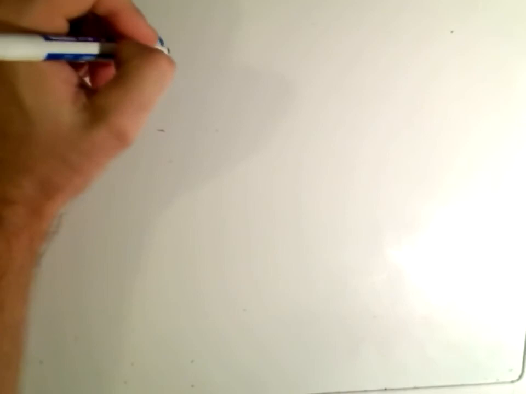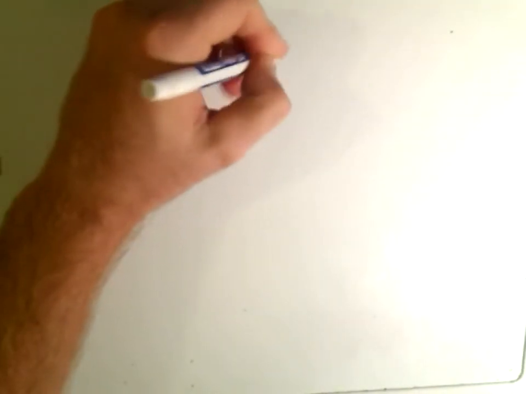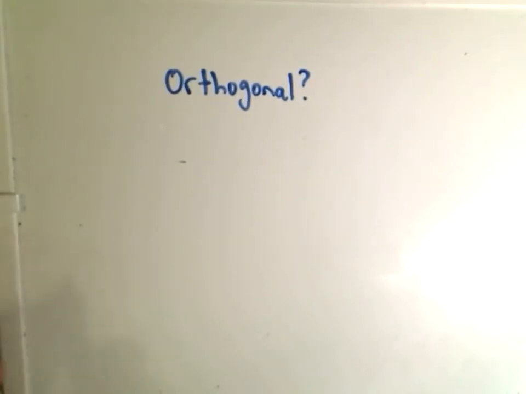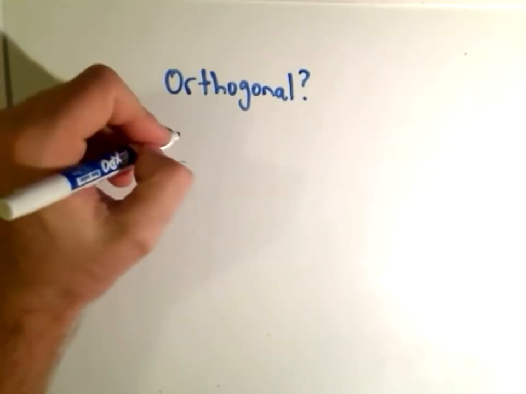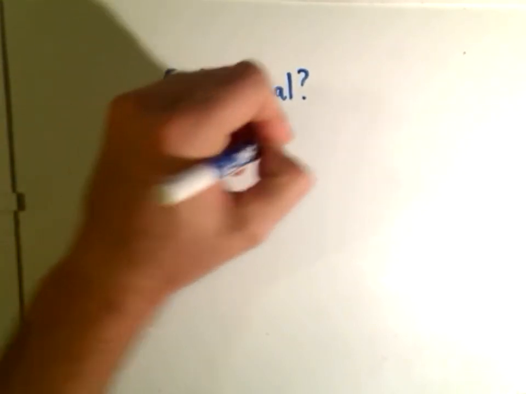Alright, one last example here. Suppose the question asks: are the vectors orthogonal or not? Again, we said two vectors are going to be orthogonal if their dot product is 0. So suppose vector A has components 2, 4.